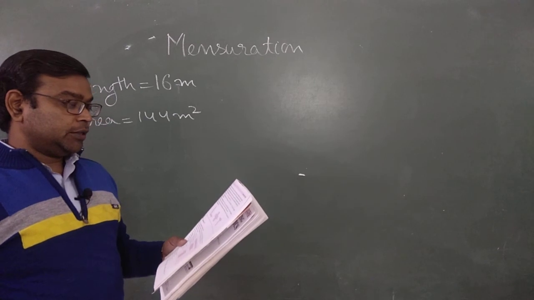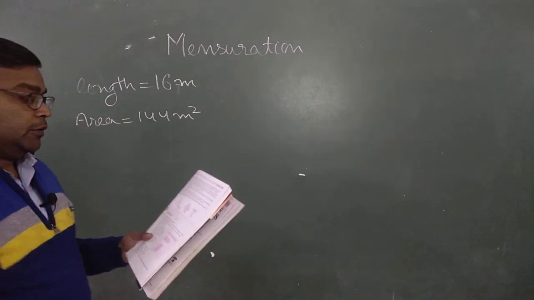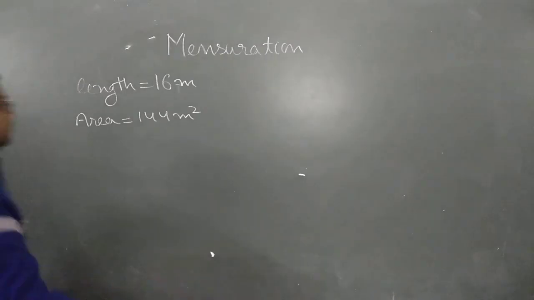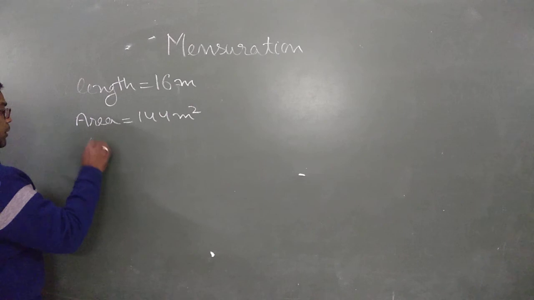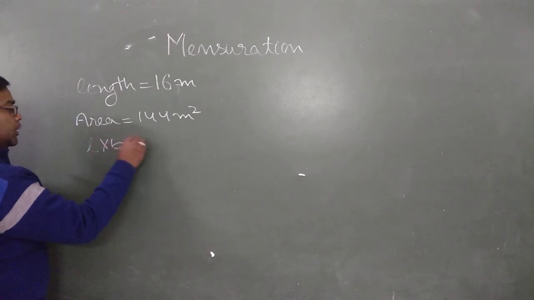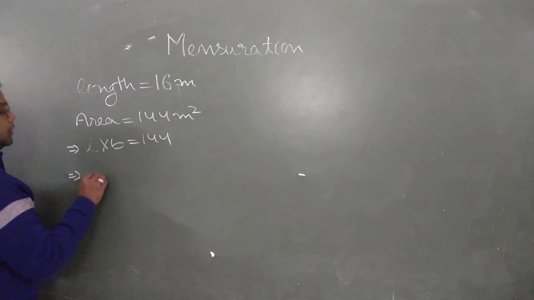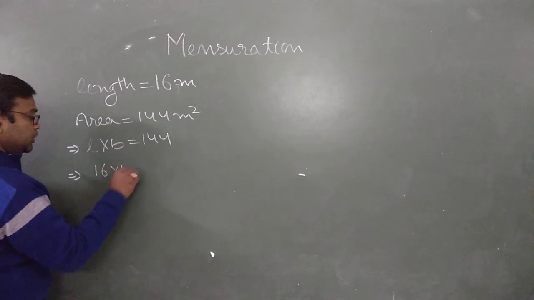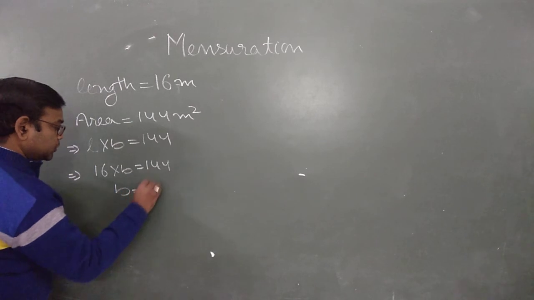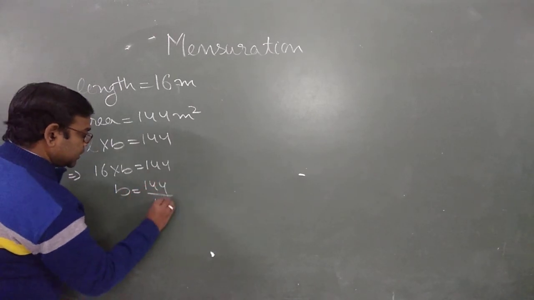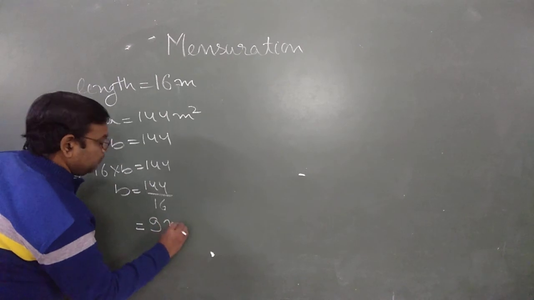Find the breadth of the plot and the cost of fencing it at the rate of 6 rupees per meter. That is a different part. First we have to find out the breadth, which is not given to us. So as we know, length into breadth equals 144. What is the length? It's 16 into b equals 144. B equals 144 divided by 16, which equals 9 meter.